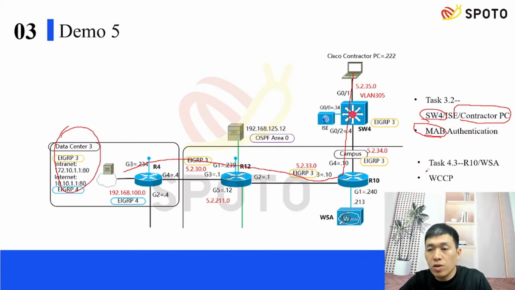Alright, and task 4.3 is about web security appliance, and we will need to configure web redirect. In the old version, version 6, we deployed inbound traffic, but now we need to deploy in egress.